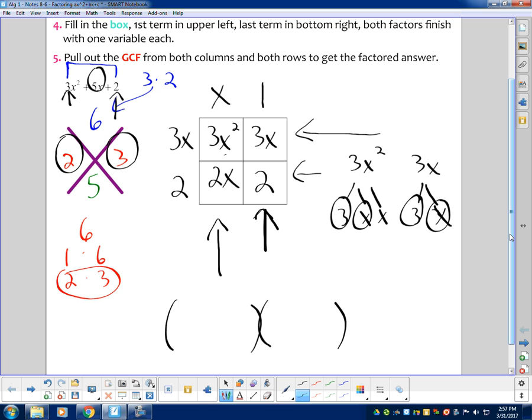Now notice that I didn't put any sign with these, but each of these are the factored answers for that original trinomial. One of them is x plus 1, the other one is 3x plus 2.